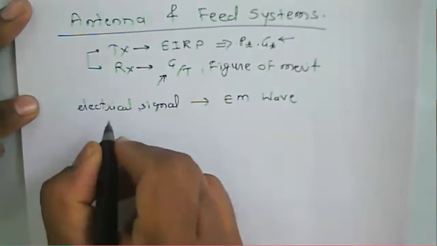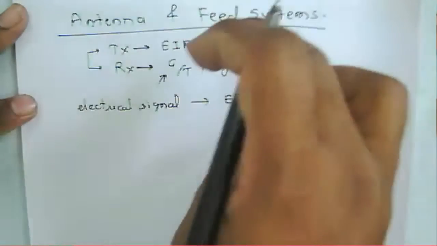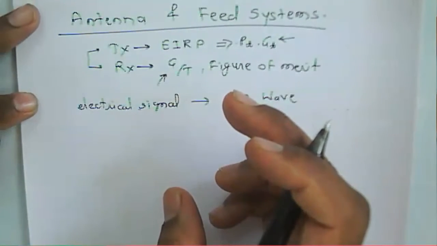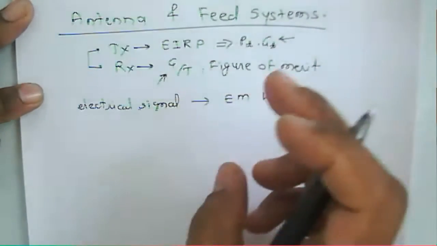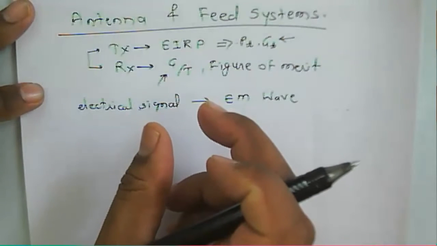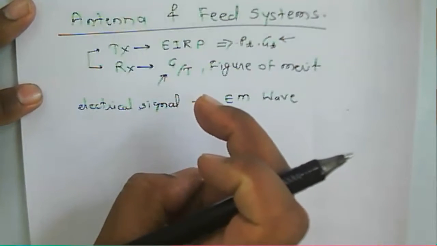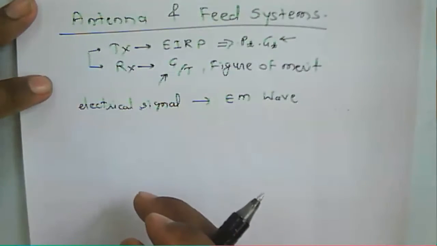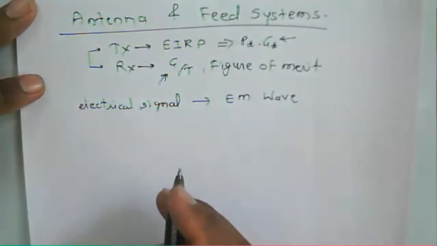So that's why we can say that for this antenna system or antenna field system, we can consider a basic component is about the antenna. So that's why we need to learn about that.